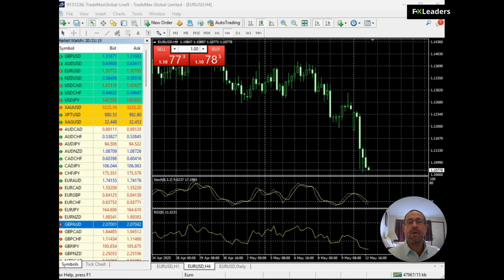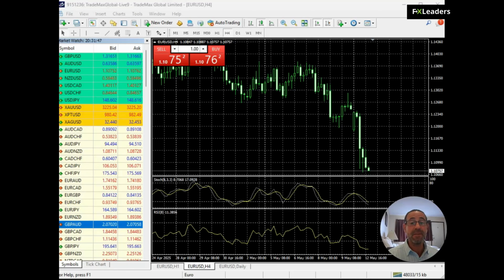All right, now let's clear up one thing that confuses almost every beginner: the bid price, the ask price, and the spread, right? When you look at a quote on your trading platform, you'll usually see two prices for each pair. Let's say Eurodollar, for example, right here. On the left side, we have 110.75. On the right side, 110.76. The difference is 1 pip. That difference is the spread.